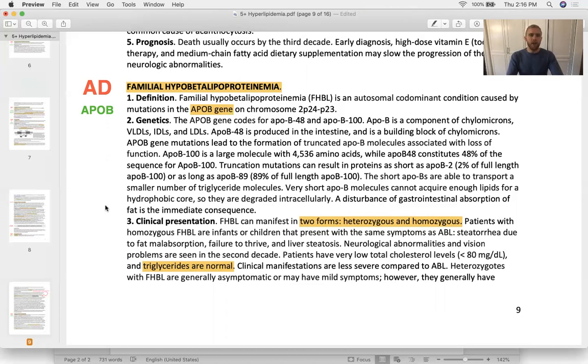So you're going to see a very, very low total cholesterol because the vehicles responsible for transporting that cholesterol are lipoproteins. And those lipoproteins are very dysfunctional if they have an ApoB that's shaped weirdly or is smaller than usual.